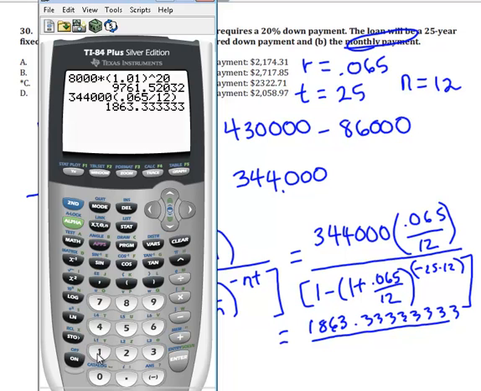I'm going to type in 1 minus parentheses 1 plus 0.065 divided by 12, close parentheses, raised to, parentheses, negative 25 times 12. Now if you forget those parentheses, you're going to miss this. So anytime you have an operation in an exponent, you want to be sure you put those parentheses around that.